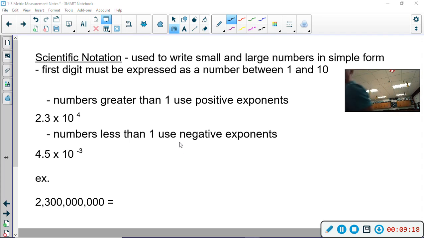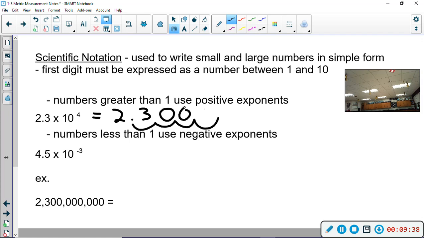So the first one, 2.3 times 10 to the 4, what is that written out? So all you have to do is move the decimal point 4 places from where it is currently. So 1, 2, 3, 4. Rewrite your number.